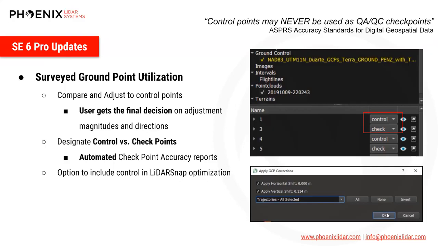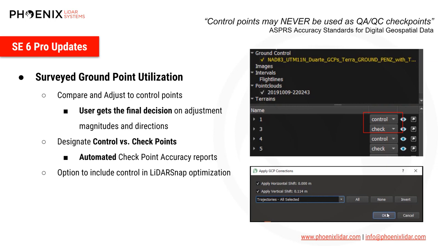We have differentiated control from checkpoints as a very necessary step in making valid assessments of dataset accuracy. So those control points can be used to adjust the vertical and or horizontal, if the user chooses, absolute positioning of their cloud.